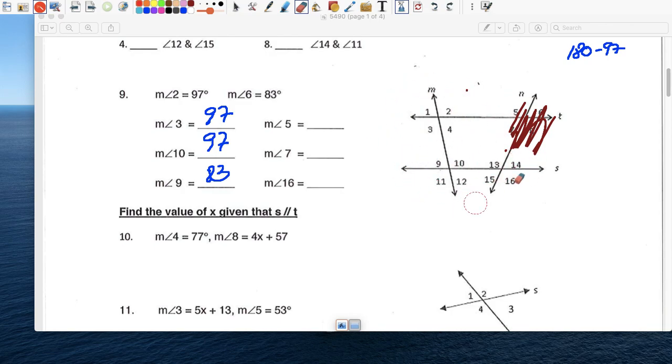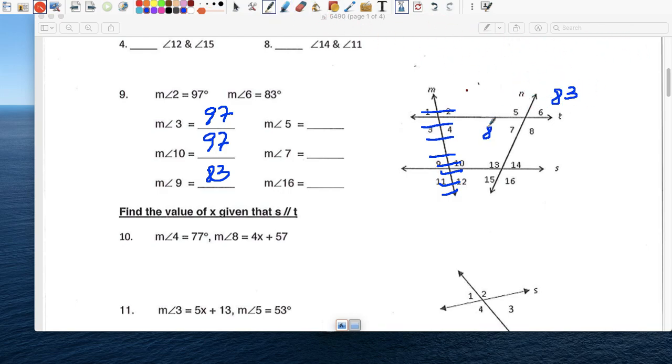Now, I want you to focus on the other side. So I'm going to just cross these out. Ignore that. It says that angle 6 is 83, so I'm going to start here. This is 83, which means angle 7 is 83, and then we're going to take those two and find the corresponding angles.